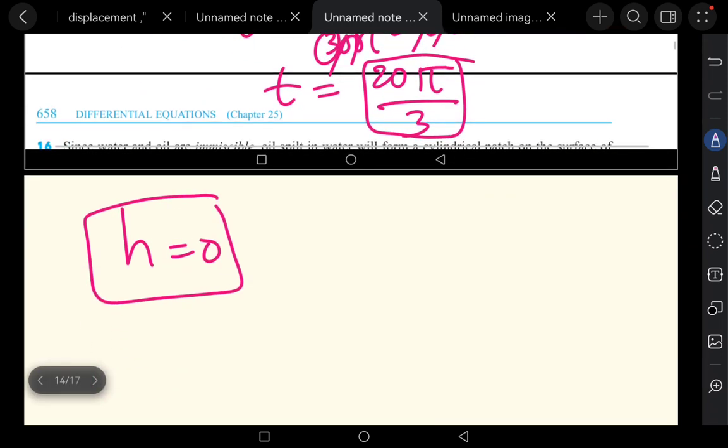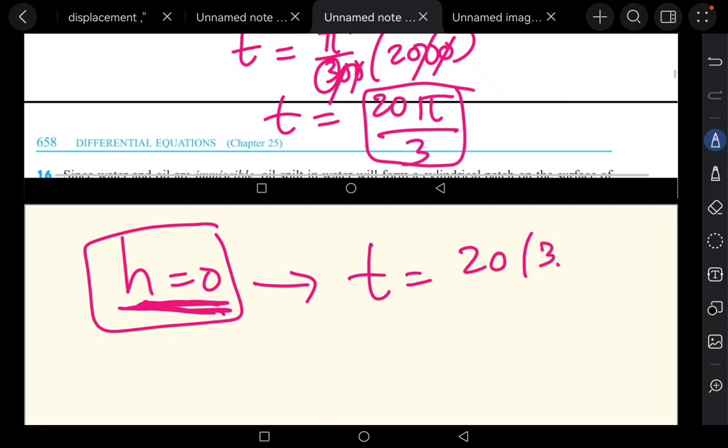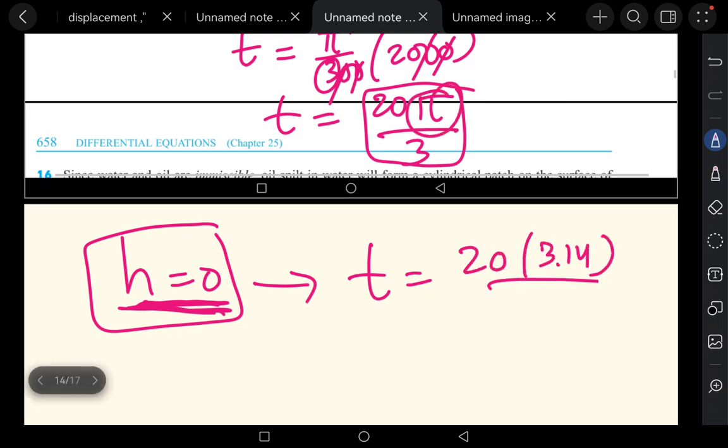So when the height is 0 or the bowl is empty, the time needed is about 20 times 3.14, the pi, over 3.